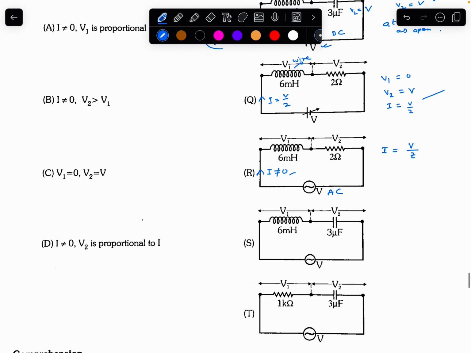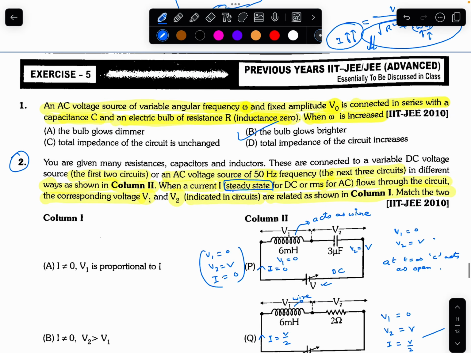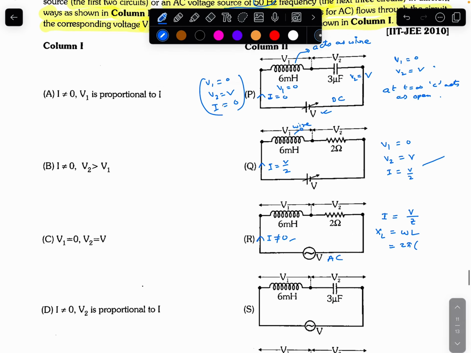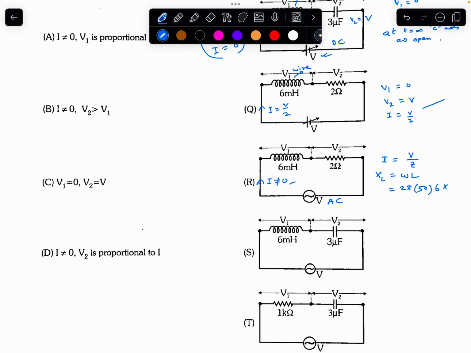So for V1 and V2, let us try to calculate XL and R. R is given 2 ohm anyway. So XL is omega L. What is omega? 2 pi times the frequency of the circuit, which is 50 Hz. So 2 pi 50 into L. L is given 6 into 10 to the power minus 3.